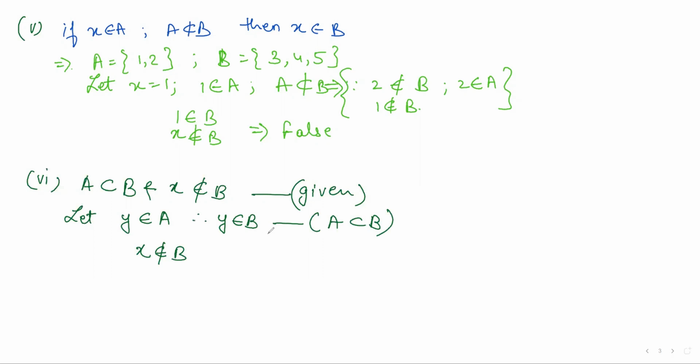If X does not belong to B, then X does not belong to A. And this is based on the definition itself. So, all you have to do is write this much and it's sufficient, because the reason being A is a subset of B. Or you can write it in a statement: X does not belong to B. Therefore, X is an element, or let's write the definition of subset.